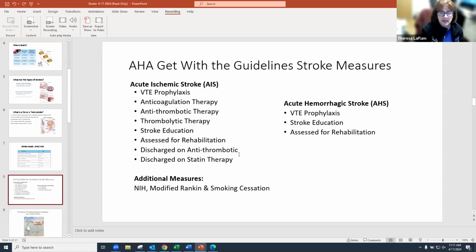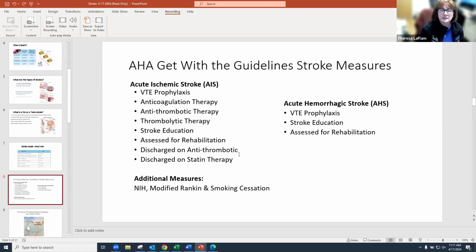They have to be on that within the first 24 hours and either continue with that or maybe bridge to some other form of anticoagulation. That is documentation that would occur: a physician order would be placed, and the nurse has to follow through with that within the first 24 hours.